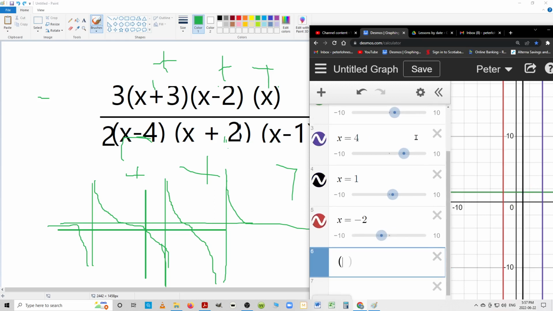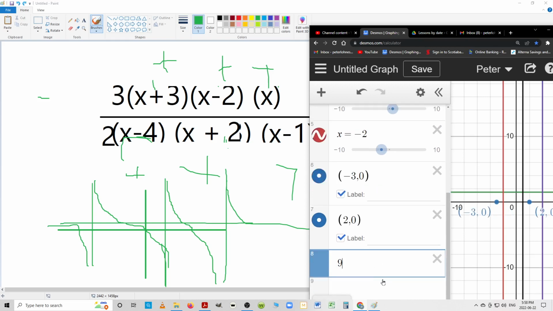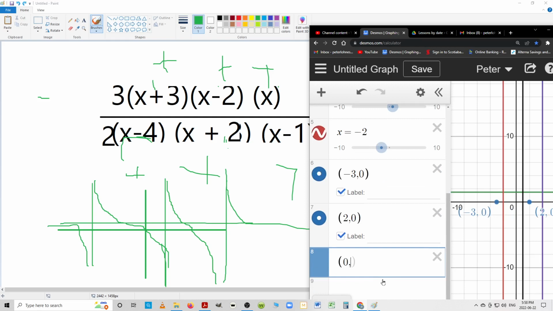And I'm going to say the spots minus 3 comma 0 is one spot that it goes through. I'm going to say 2 comma 0 is another spot it goes through. And 0 comma 0 is another spot it goes through. And I'm claiming it's going to cross the horizontal asymptote twice.